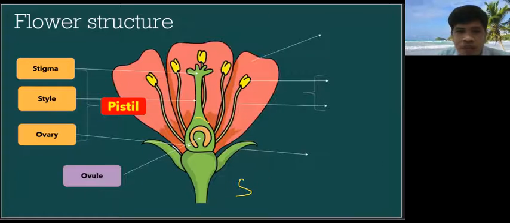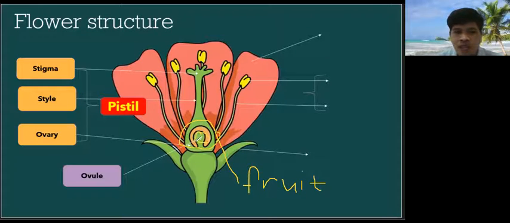Let me write the ovary. It will become the fruit. Remember that. And this small one inside the fruit is called the ovule, and the ovule will eventually become the seed.